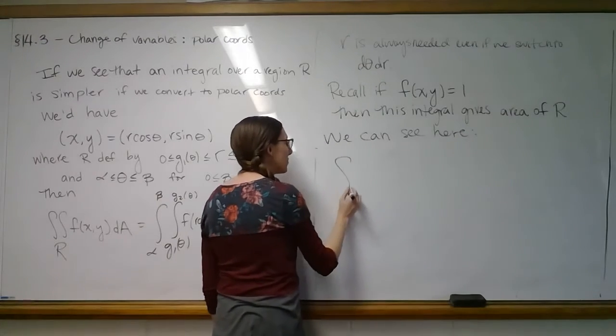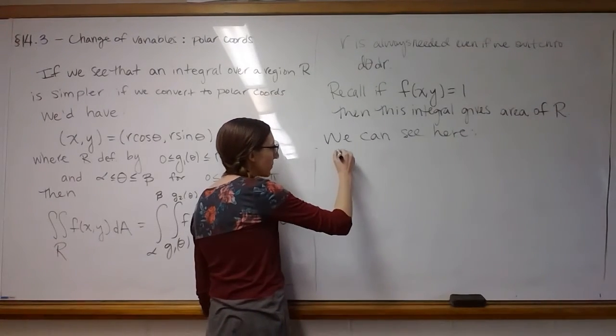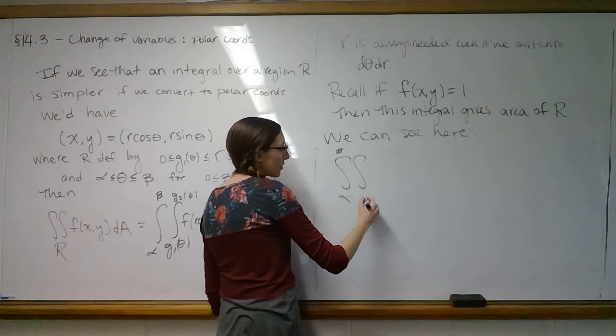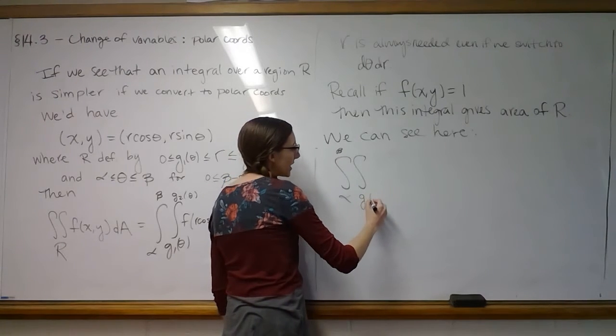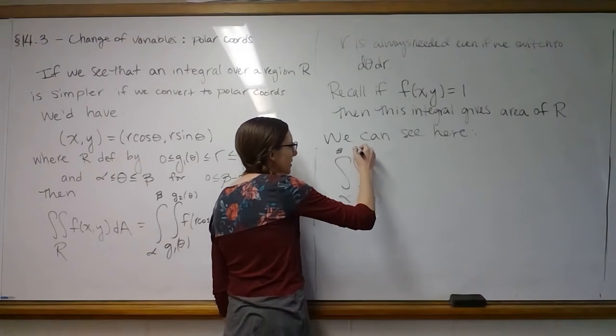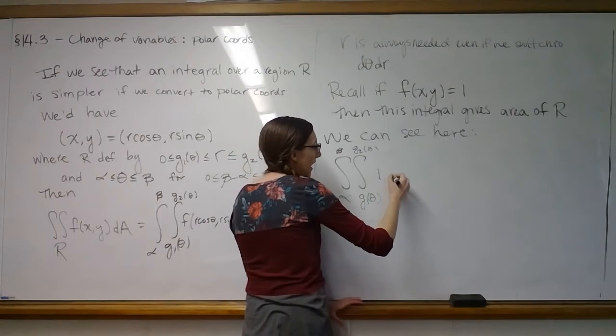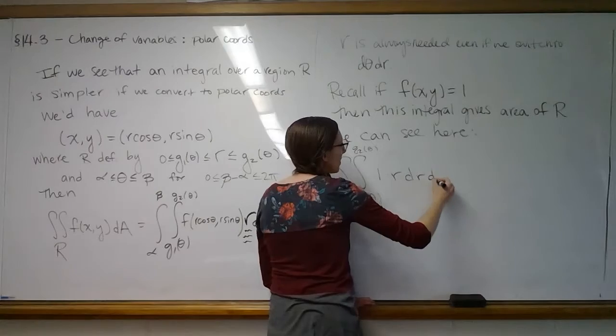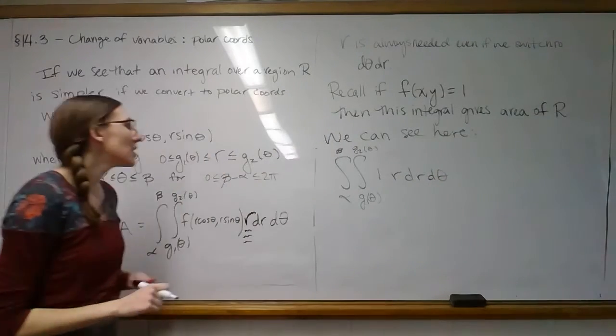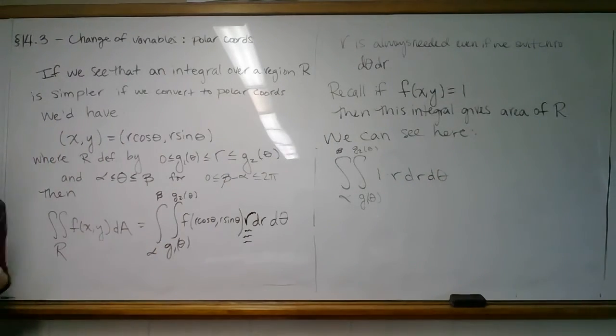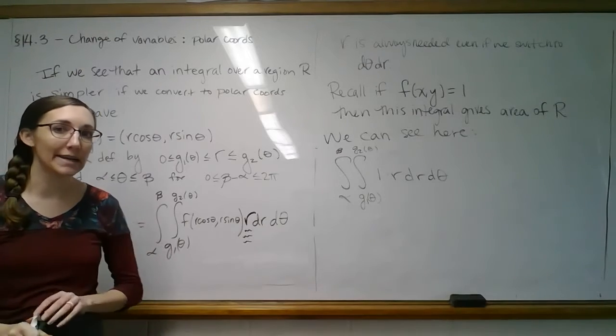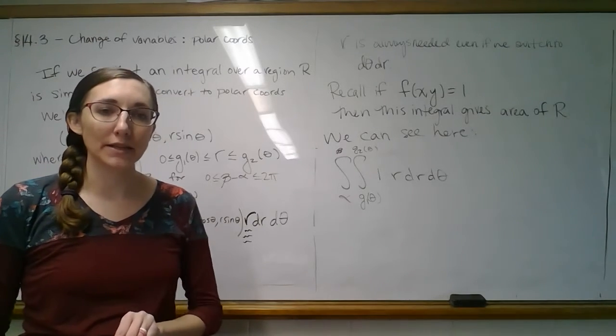So we can see here, if I do the integral from alpha to beta, the integral from G1 of theta to G2 of theta of 1 times r dr d theta. Notice if I plug in x's and y's, it still just stays 1 in the integrand. That doesn't get affected.